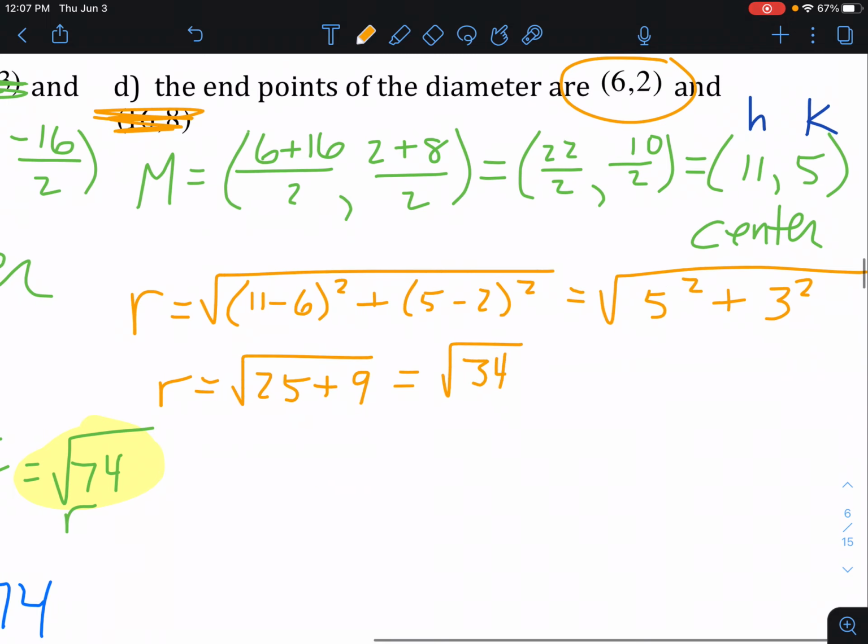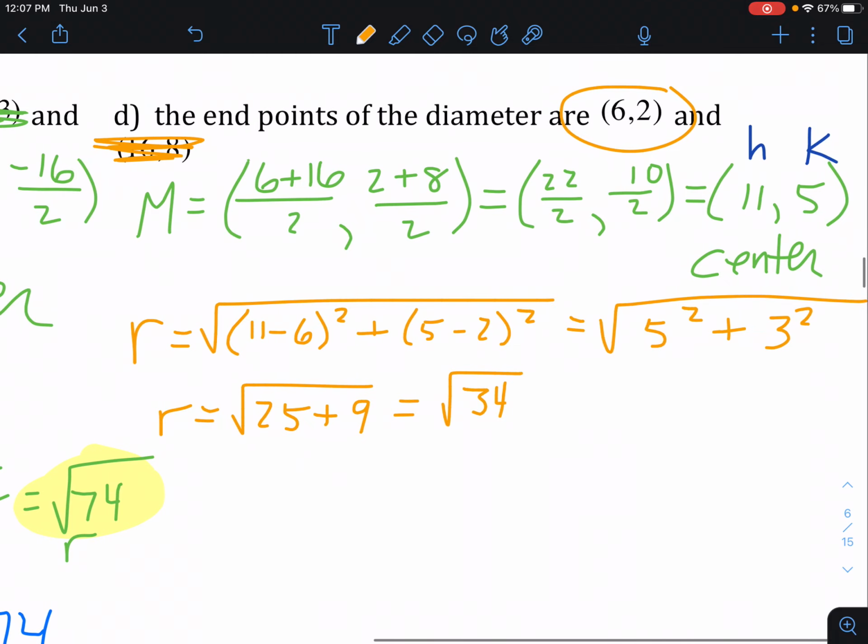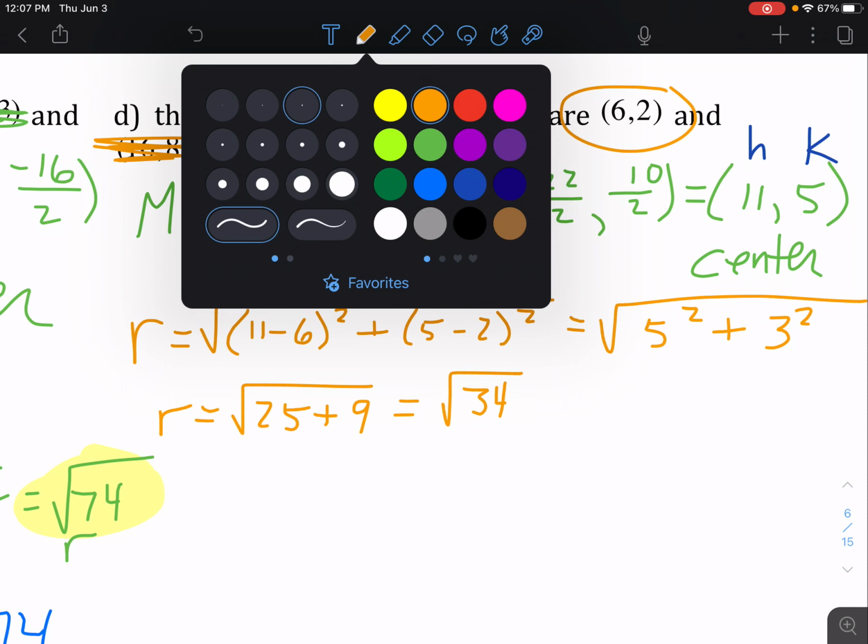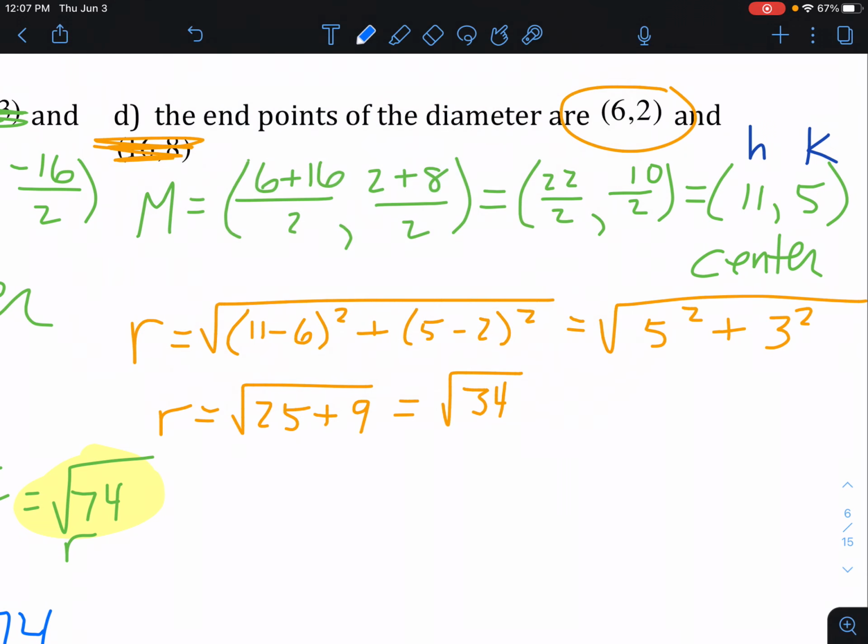So again, that radius, we're going to need that for our formula for our answer. So let's go to our parentheses, x minus h. So x minus 11. We got that, top right of the screen up here. There's my h and k.